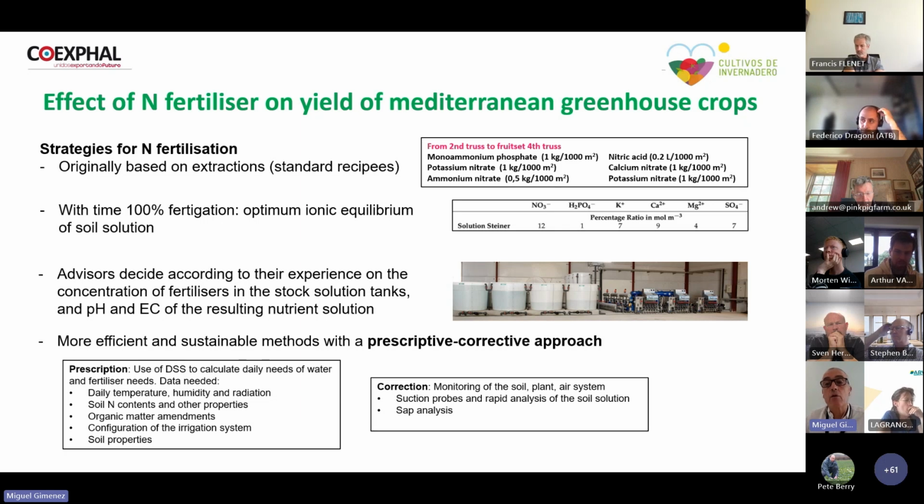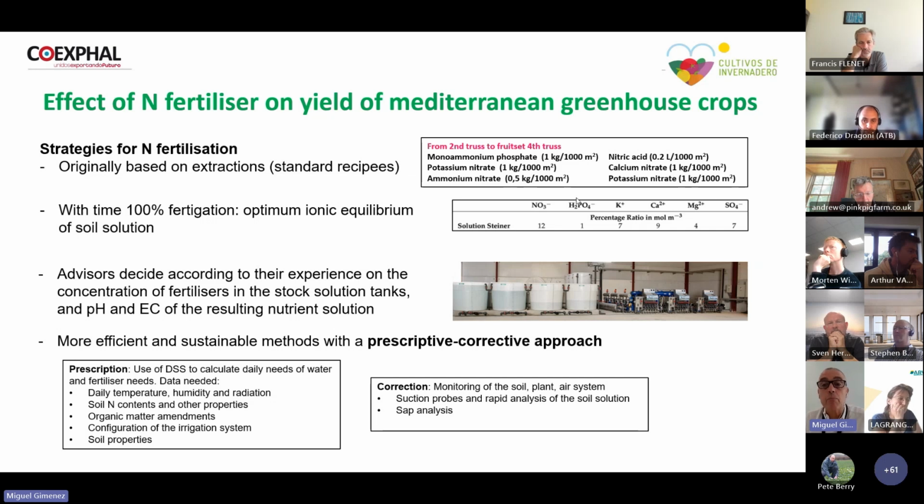So instead of providing these amounts of nutrient elements to the crops, the whole mindset changed, and the idea was to establish an optimum ionic equilibrium in the root environment to allow maximum absorption of the different elements.